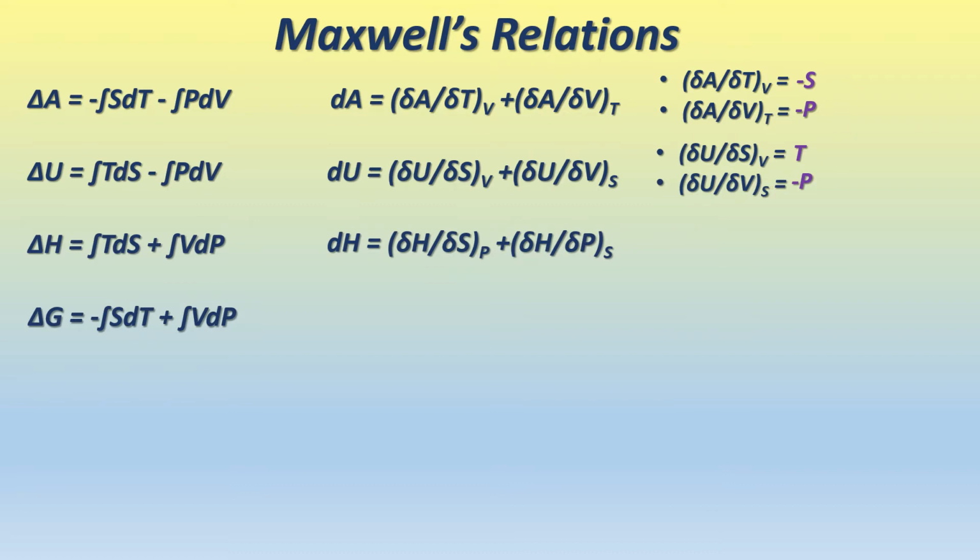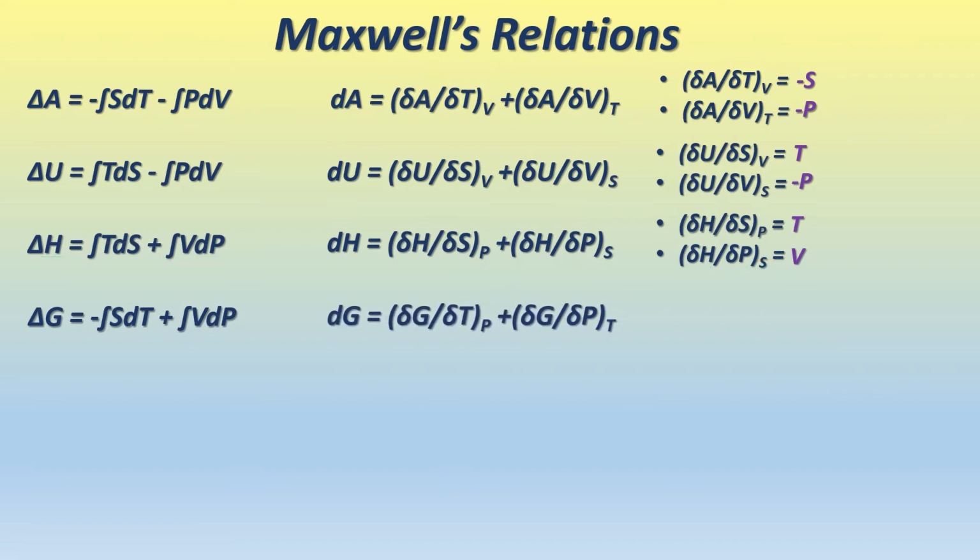The partial of H with respect to S at a constant pressure leaves you with temperature. The partial of H with respect to pressure at a constant entropy leaves you with volume.